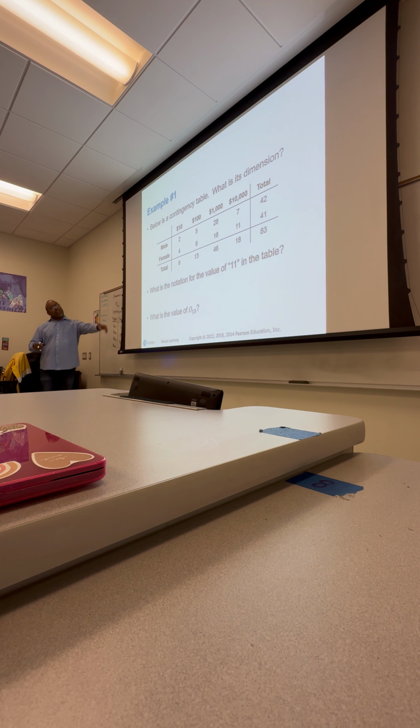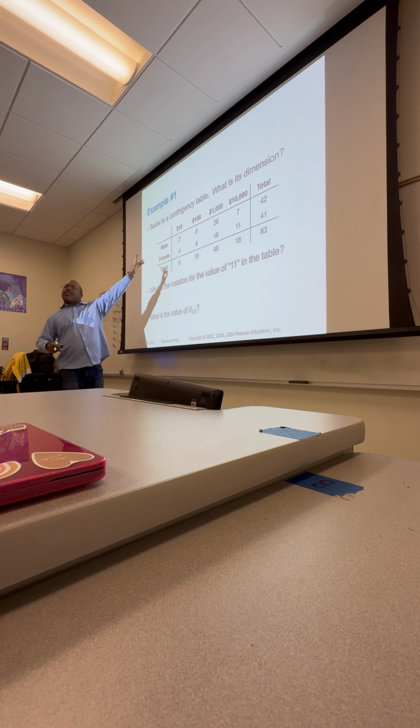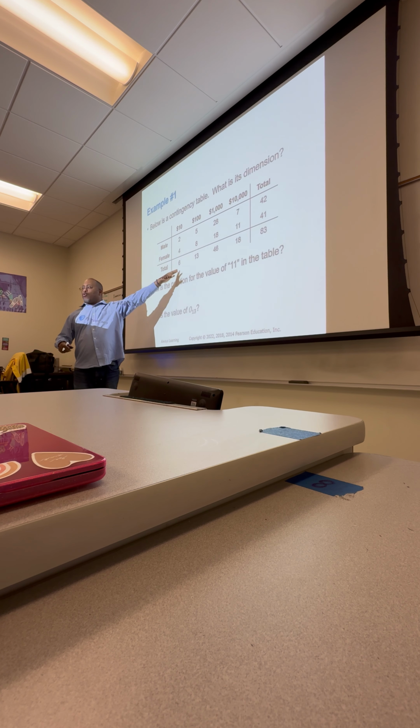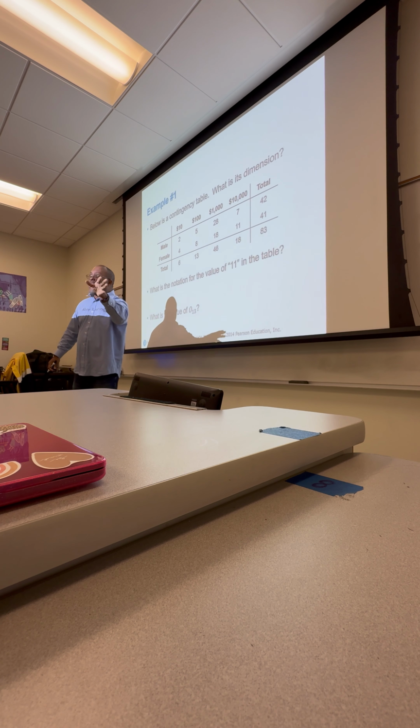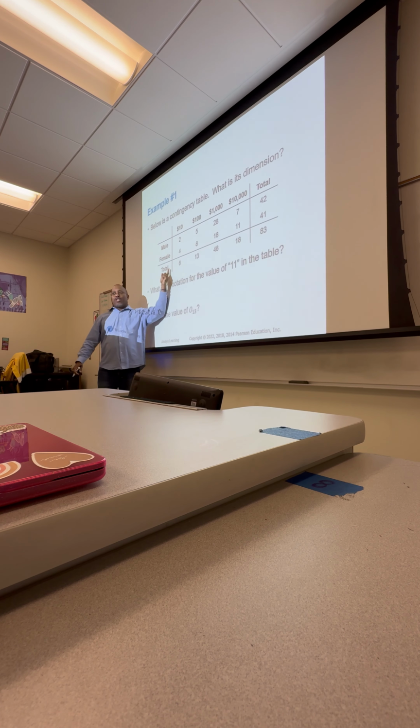So tell me, without me showing you yet, how would we calculate the degrees of freedom for this data? If we were to do a chi-squared test using the data from this contingency table, how will we calculate degrees of freedom? We have two variables now. We have gender and we have how much money was won.